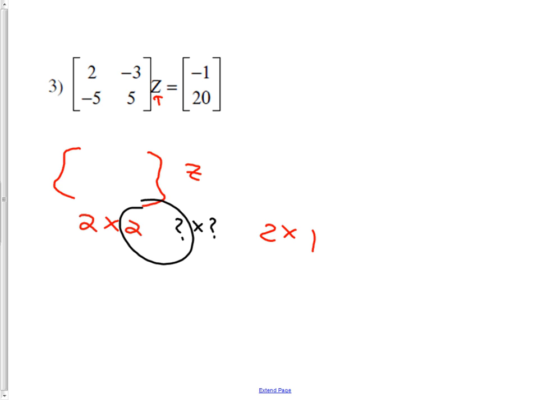First of all, would you agree that that first number has to be a 2? All right. Then the other number does not have to be a 2. Remember how this one goes with this one and tells us that the answer matrix will look like this. So this must be a 1.